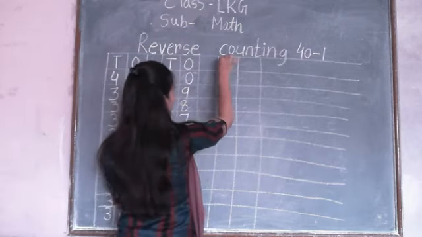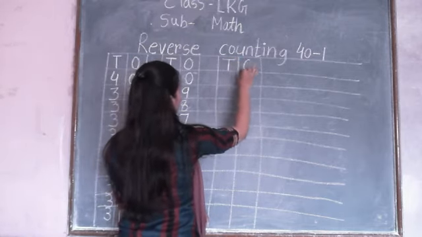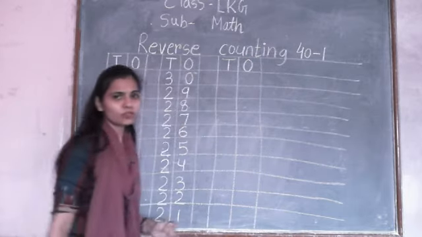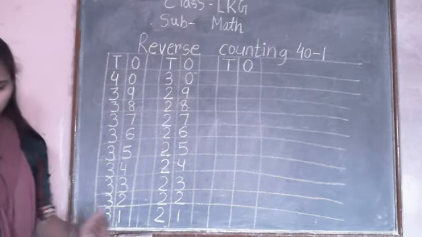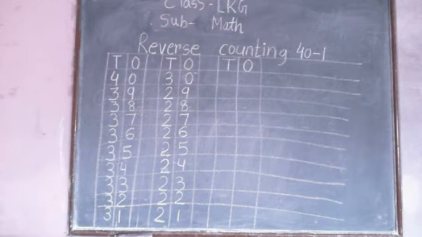So here also write T for tens and O stands for ones. Write fast 40 to 21.